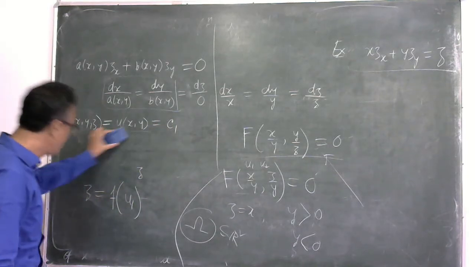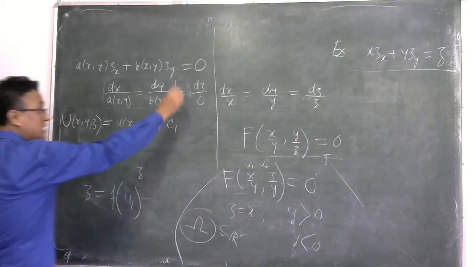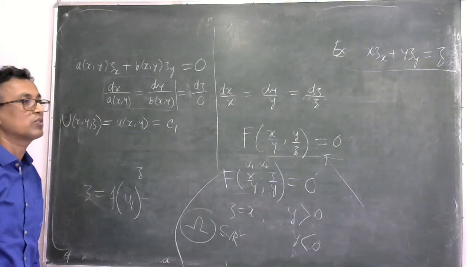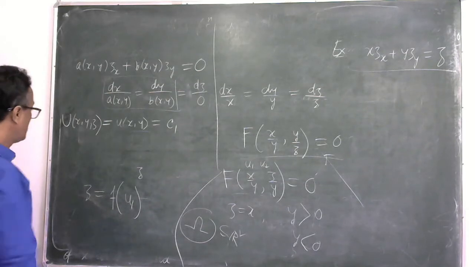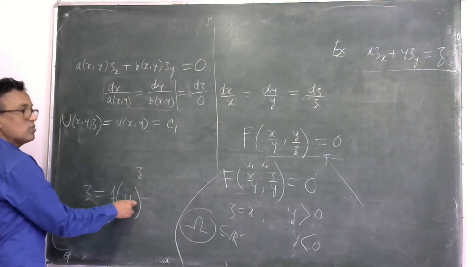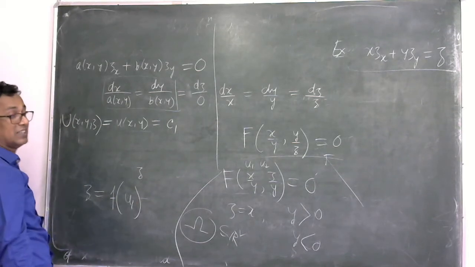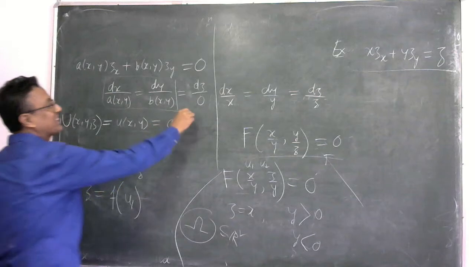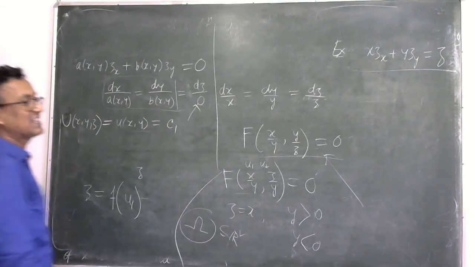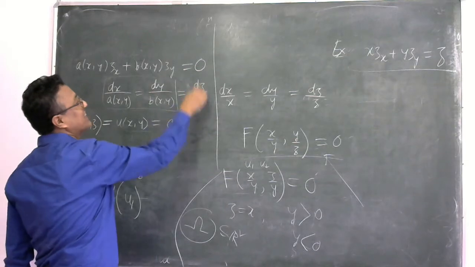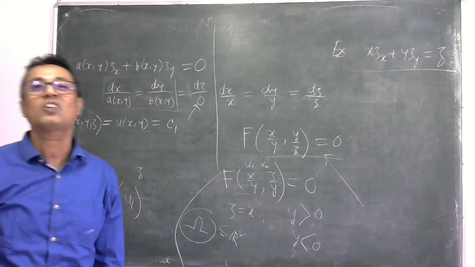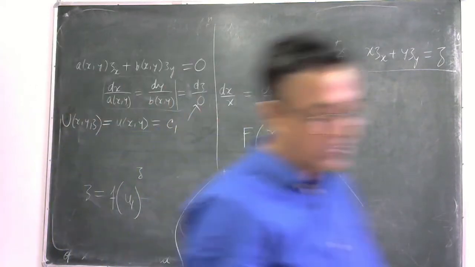Then in this particular case, the second integral is z equal to constant. So I'll be able to write simply z equal to f of u1. But that shouldn't give you the impression that only when this component is 0 that is going to happen. It is going to happen for other functions also. Let me try to give you one example.